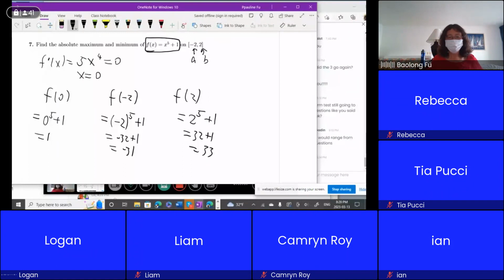Out of these three numbers, which one is the maximum? 33 is the maximum. When does 33 happen? When x equals 2. Maximum 33. Which one is the minimum? Negative 31, when x equals negative 2. Questions for number 7?